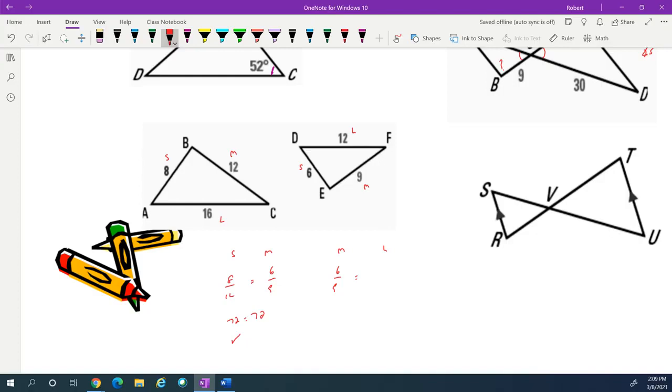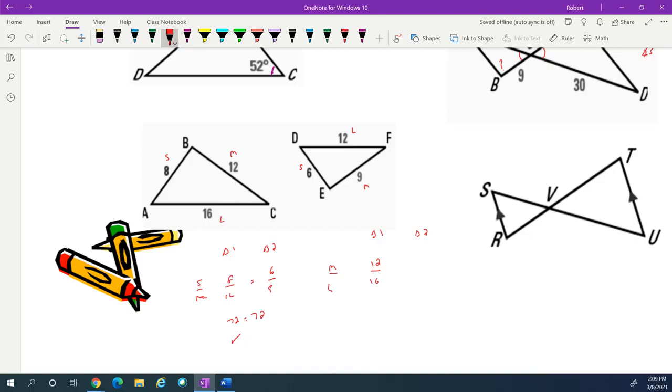I'm sorry, I did small over medium, not left and right. Small over medium, triangle 1, triangle 2. So we're going to do the same thing, except with medium and large now. So I'm going to do medium over large from triangle 1. That's 12 over 16.